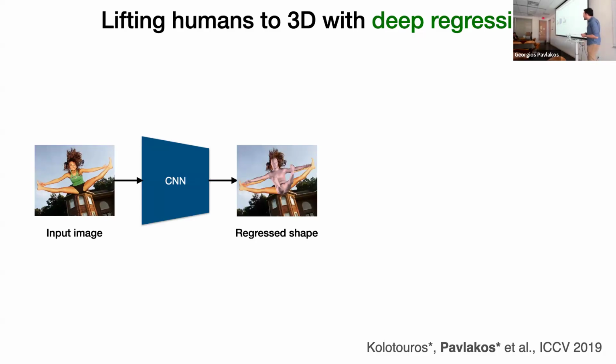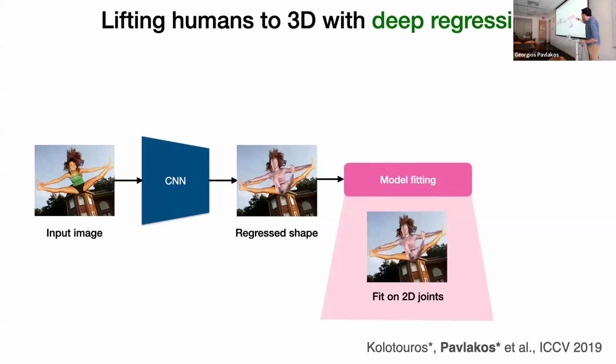What we observed while developing these methods is that, as I said, we don't have 3D ground truth to train these networks in a fully supervised way. For these in-the-wild images, there is no actual 3D ground truth. What we did was to use the model fitting approach as the supervisor for this network.